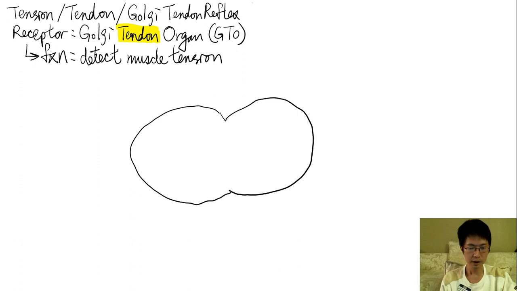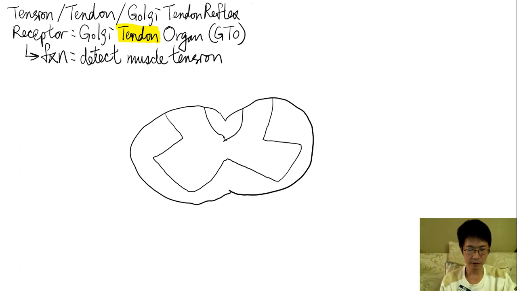We have this. Central canal, okay. Same thing. We have the DRG here, okay.